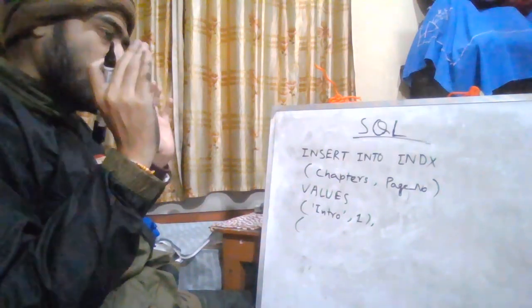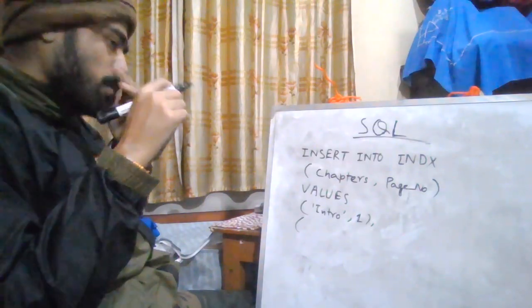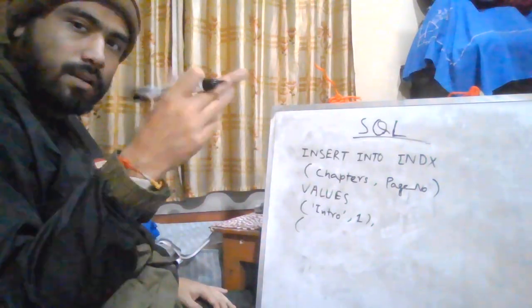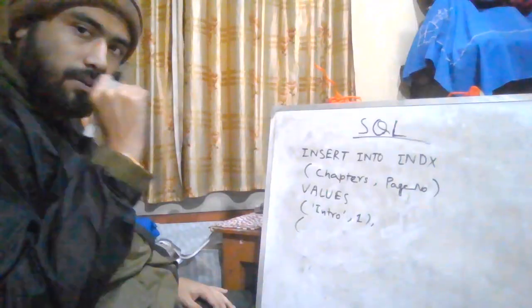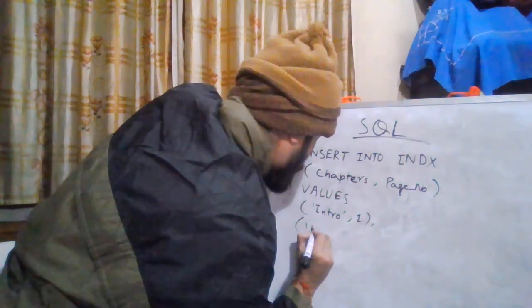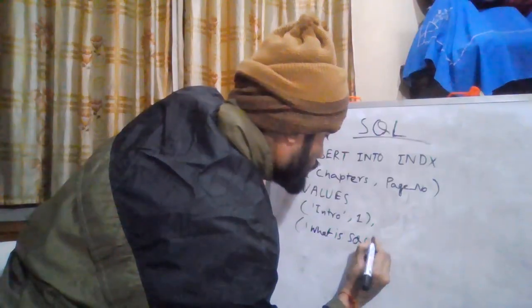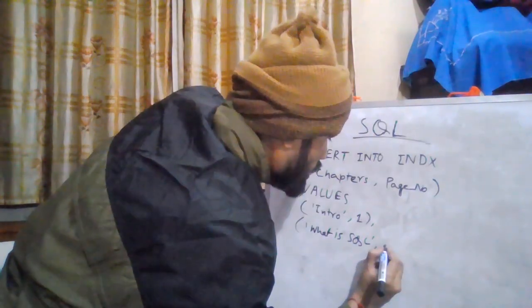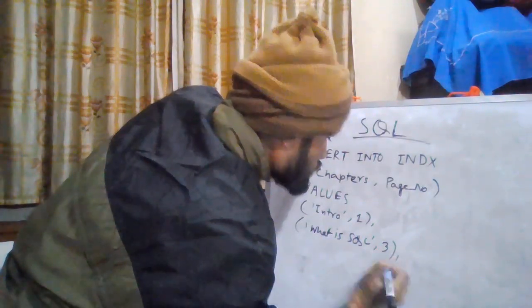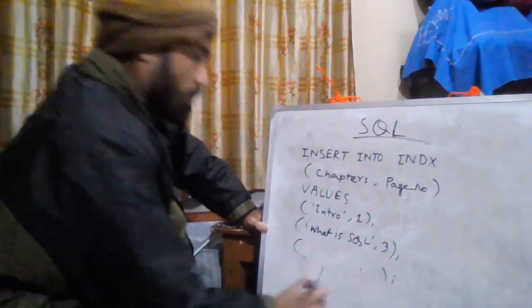After writing each and every entry, you have to provide another comma to separate all the records from each other. So after closing the bracket, comma, then again open bracket, then write what is SQL, comma, quotation close, comma, and then 3, bracket close, again comma, then the next chapter name, comma, page number, and so on.